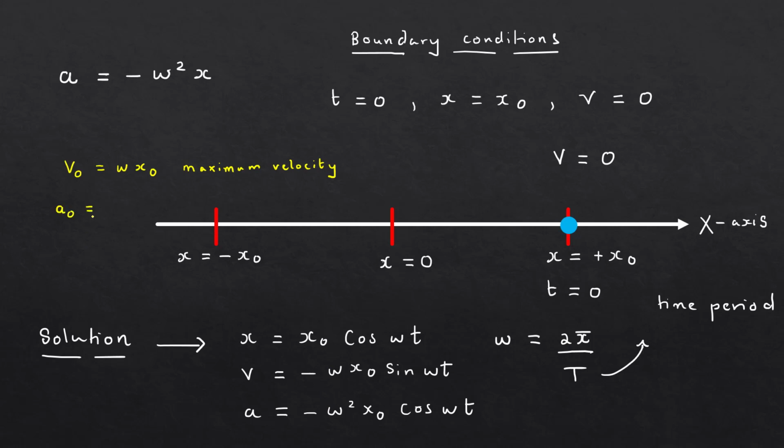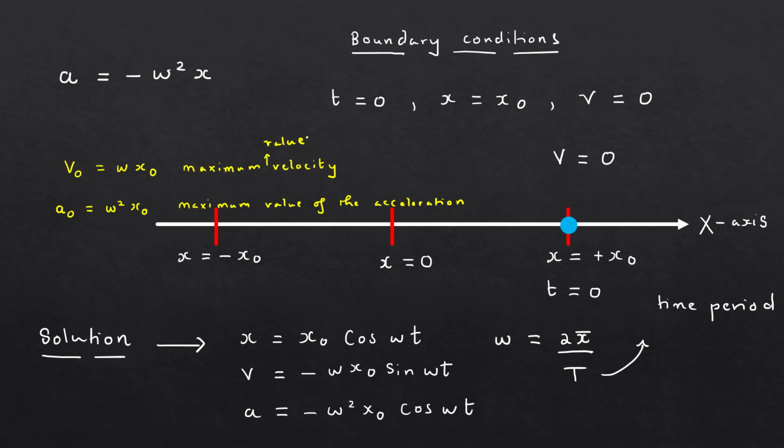The value of the maximum acceleration is omega squared x naught. Ok, donc ici nous devons mettre les values.